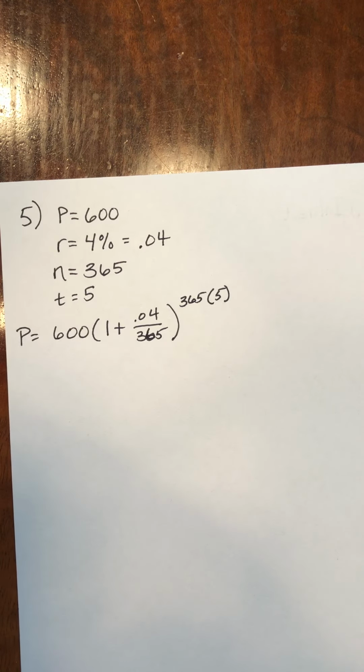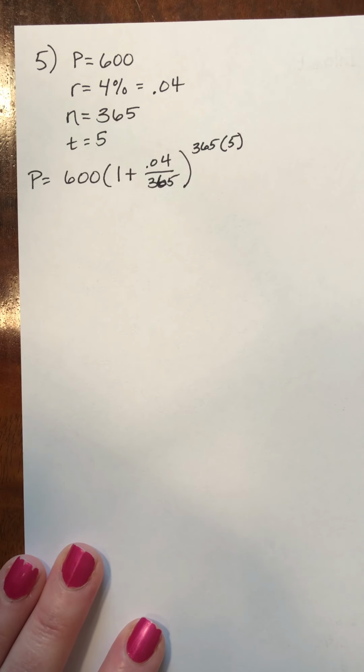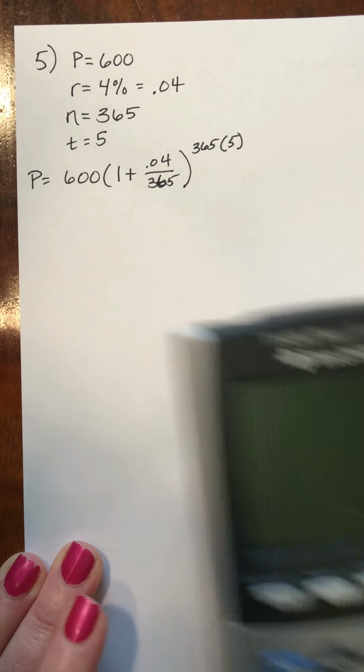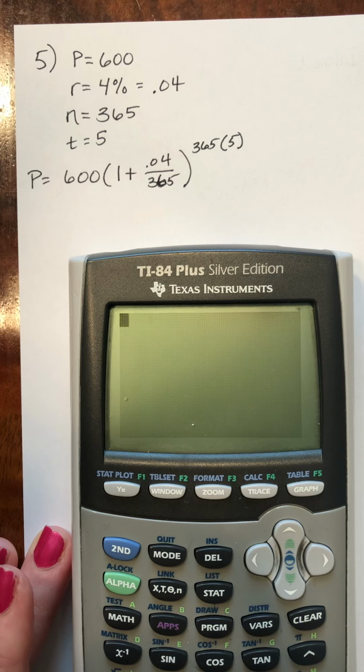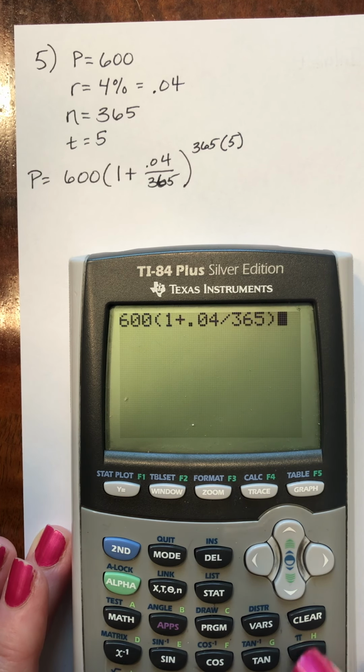Now I'm going to actually do this in the calculator right here. So that's going to be 600 times 1 plus 0.04 divided by 365, and I'm going to raise that to the 365 times 5.